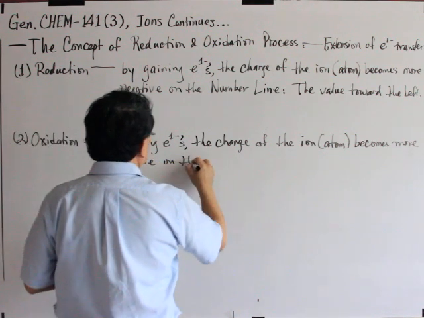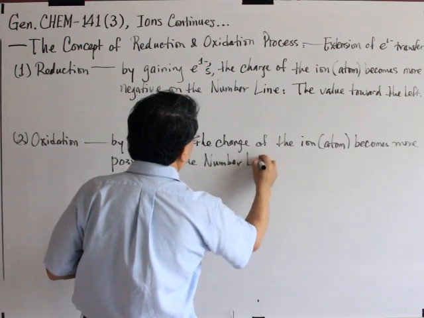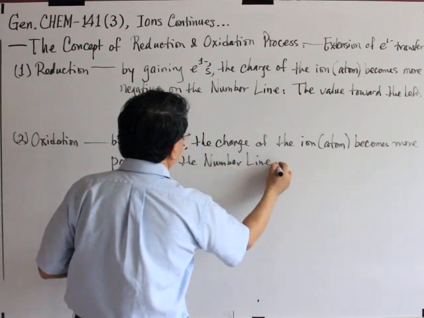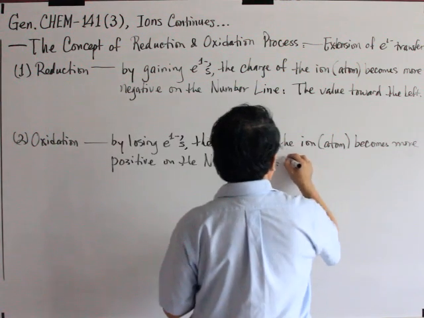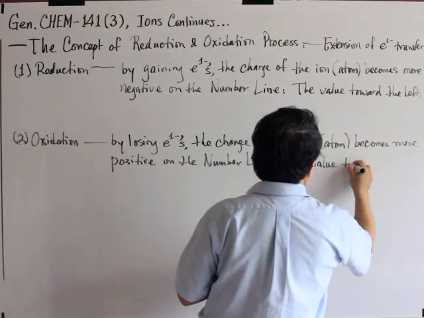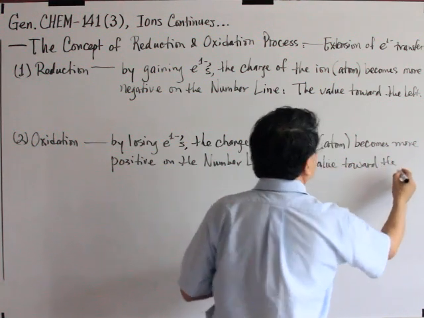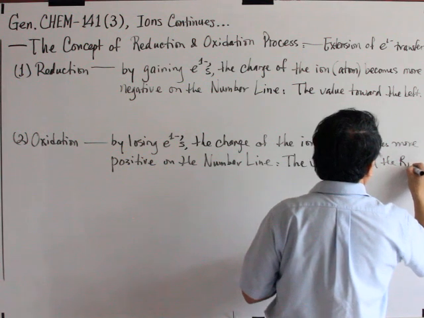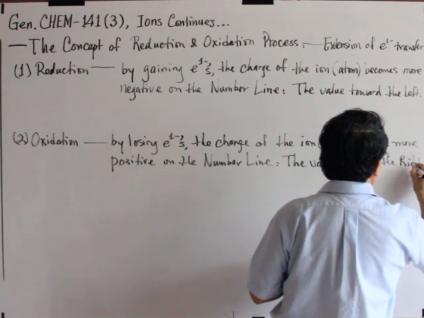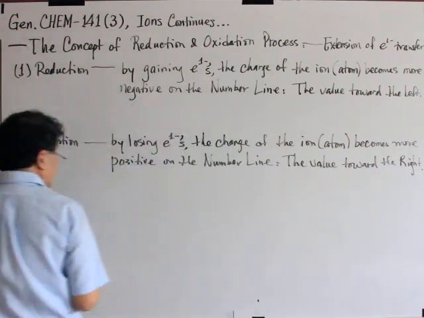On the number line, the value moves towards the right hand side, right hand side of number 0.